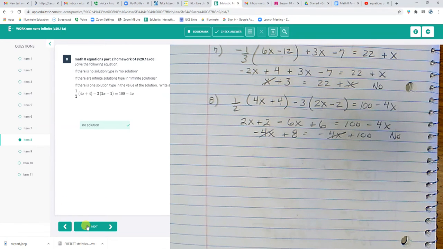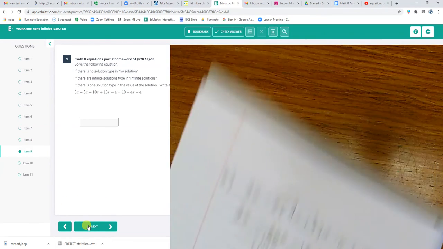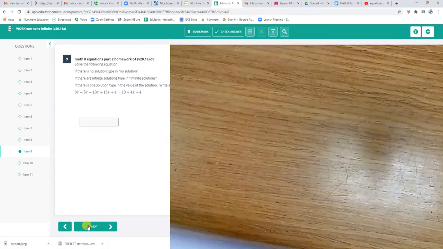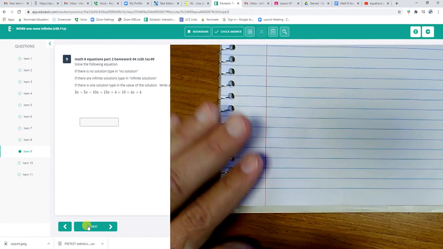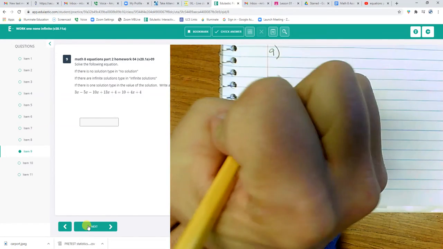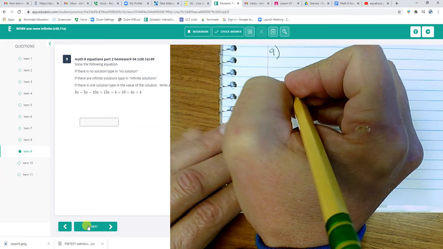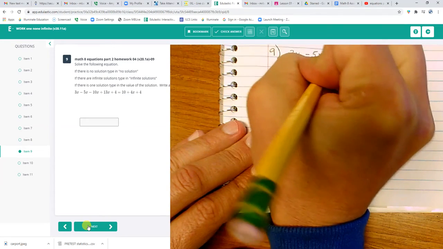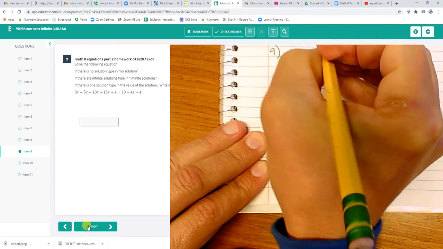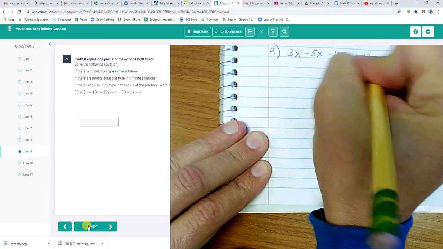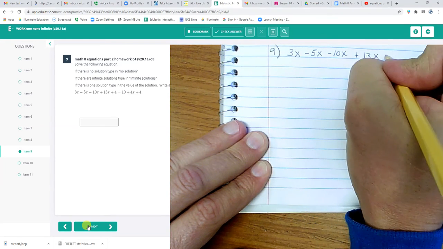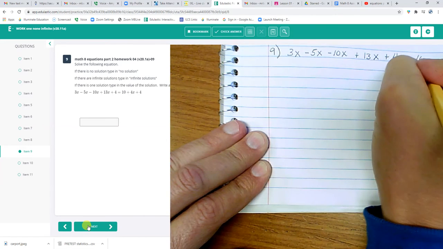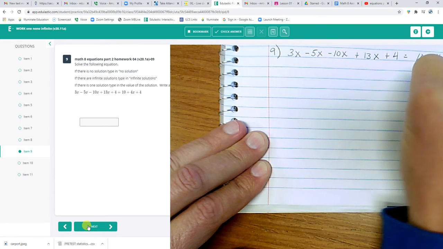Number 9. (3x minus 5x minus 10x) plus 13x plus 4 equals 10 plus 4x plus 4.